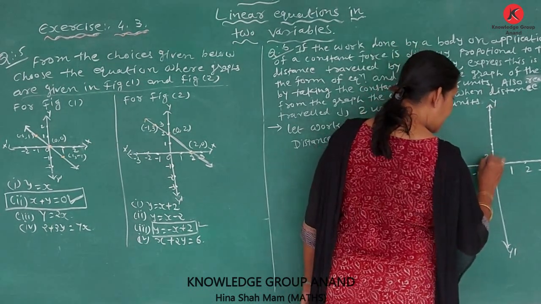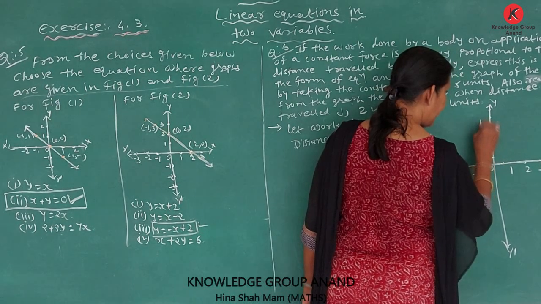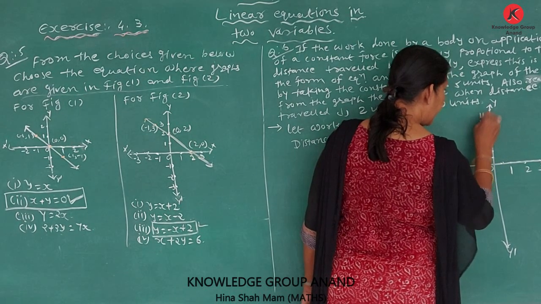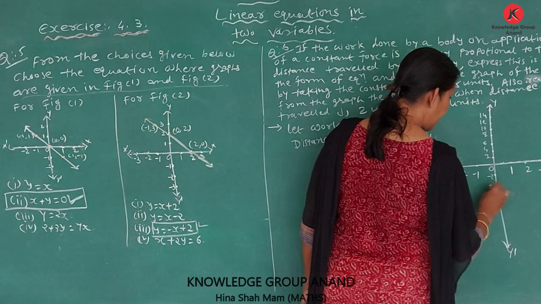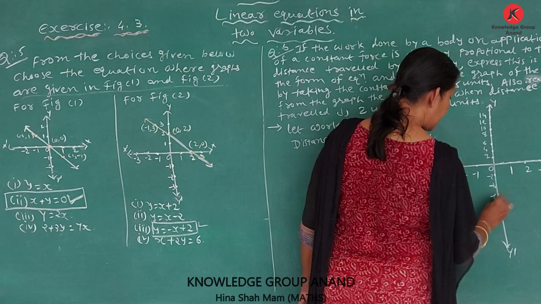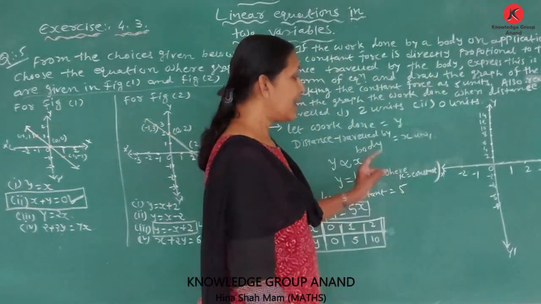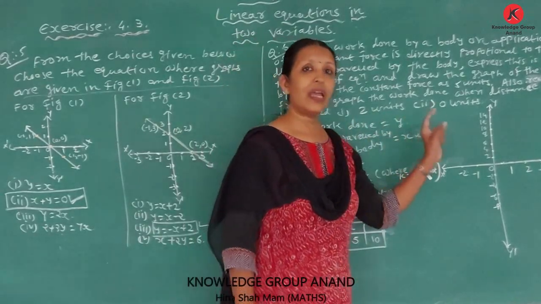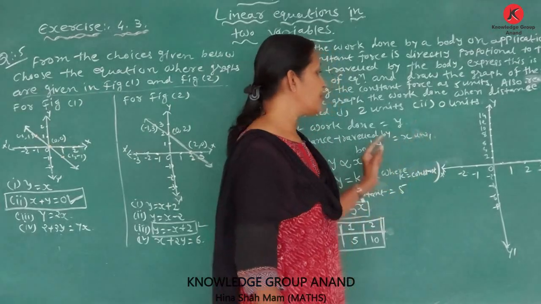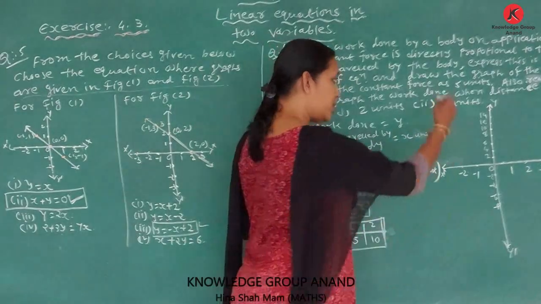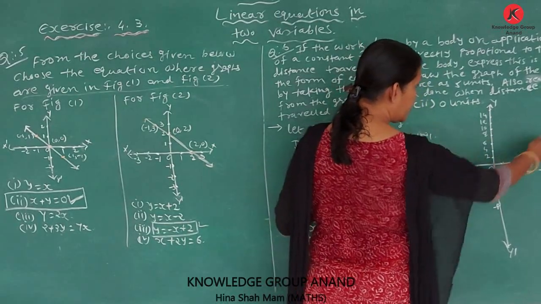Taking 1 centimeter equal to 2 units: 2, 4, 6, 8, 10, 12, 14. And minus 2, minus 4, minus 6, minus 8, minus 10, you can take anything. On the y-axis, 1 centimeter is equal to 2 units. Negative values are not needed here.